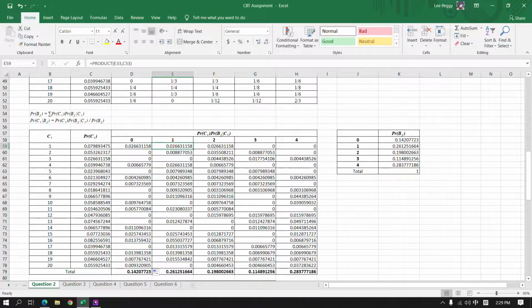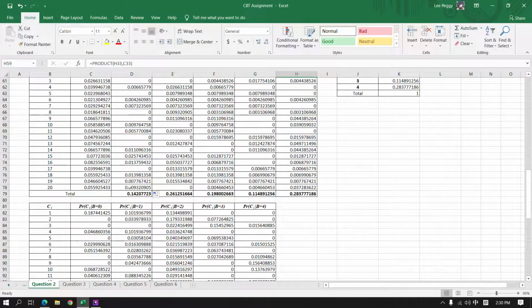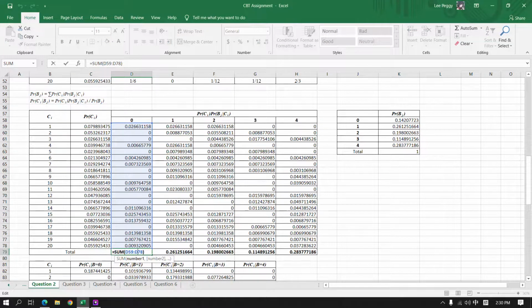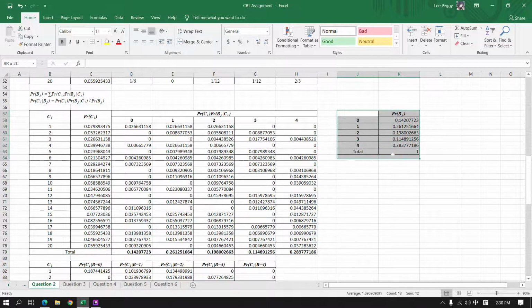We do this similarly for every column, and we get all the data, and we need to sum all the data from the formula. After I sum all these data, these values will be the probability of Bj. I summarize them in this table.